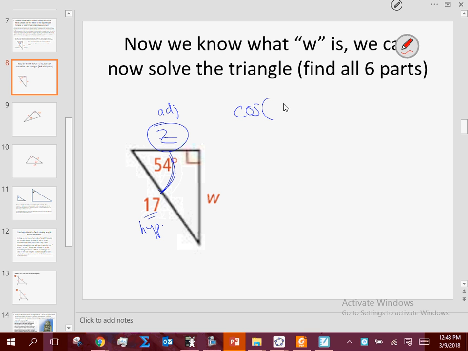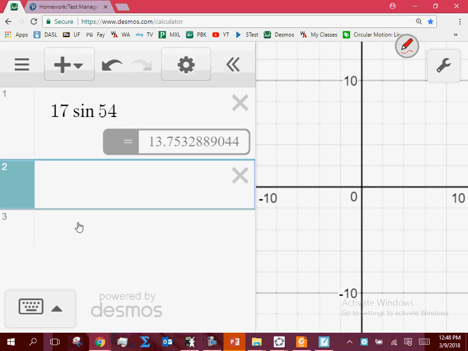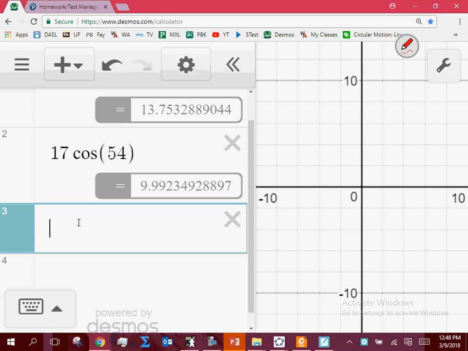So cosine of 54 is equal to Z over 17. Multiply both sides by 17, and there's my Z value: 17 cosine 54, and there's my Z.